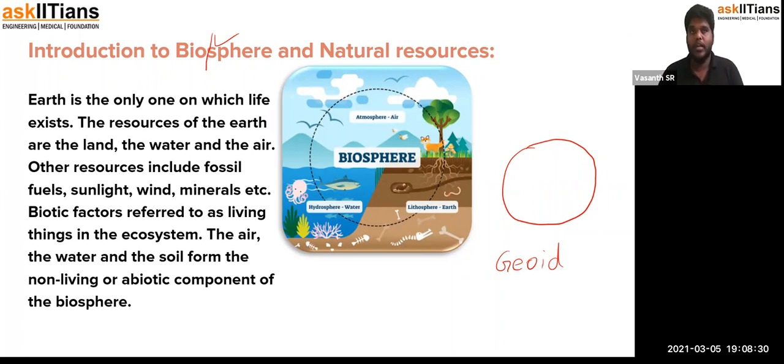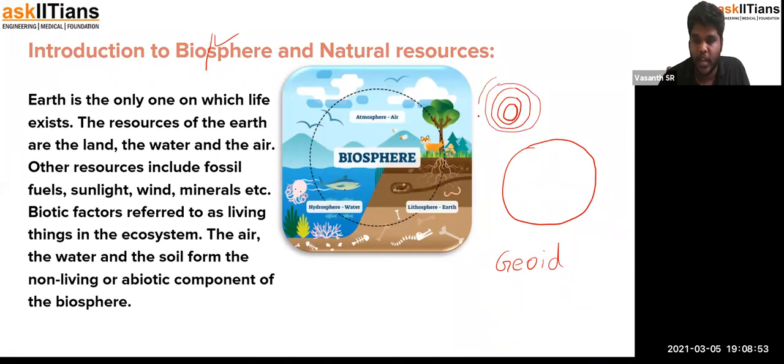Even though it is irregularly spherical in nature, it has different layers of materials around it. So let's say, for example, this is the inner core, and then the mantle, and then the external crust, and then on top of that we have a layer of sand, and then a layer of water.